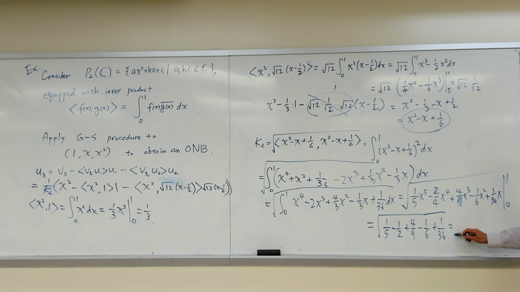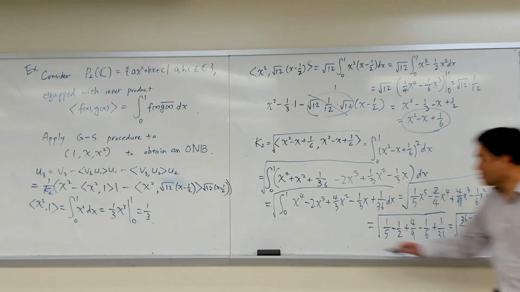Well, every one of these can be written as 1/36. No, there's 5 as well. So what is that? That's 180. Okay. So that's going to be 36 minus 90 plus 80 minus 30, and then plus 5. Wow, 1/180.